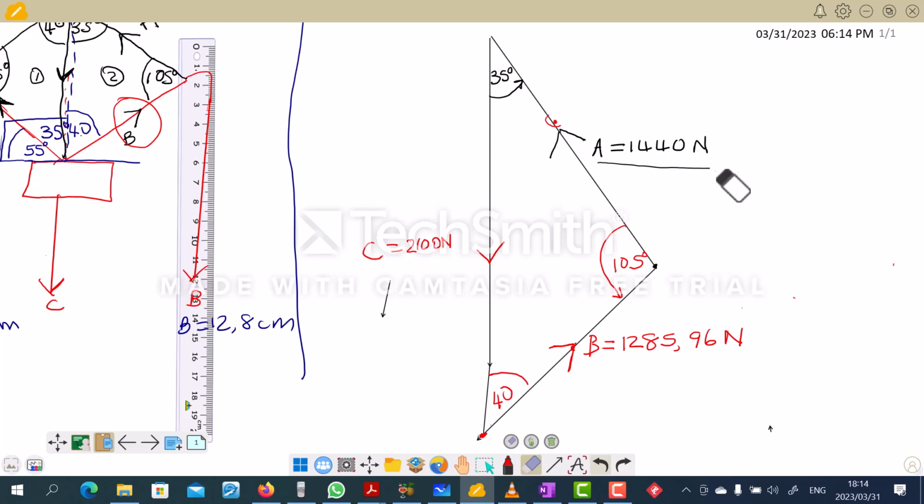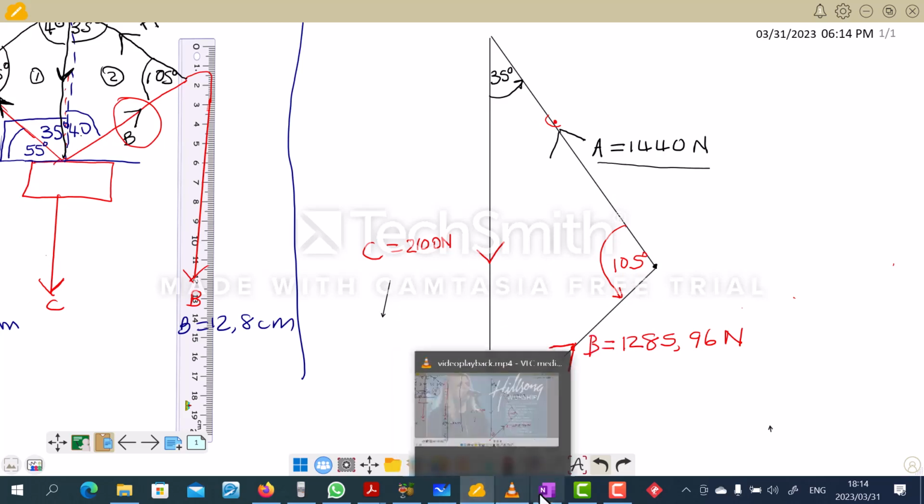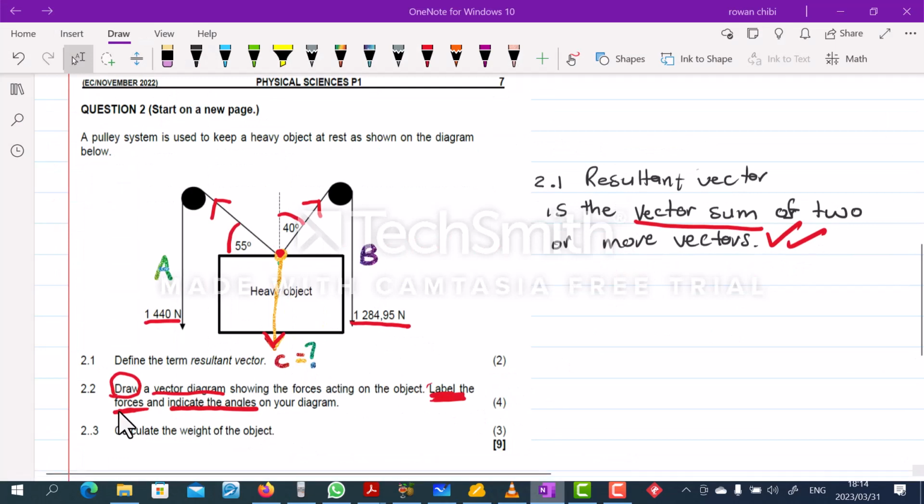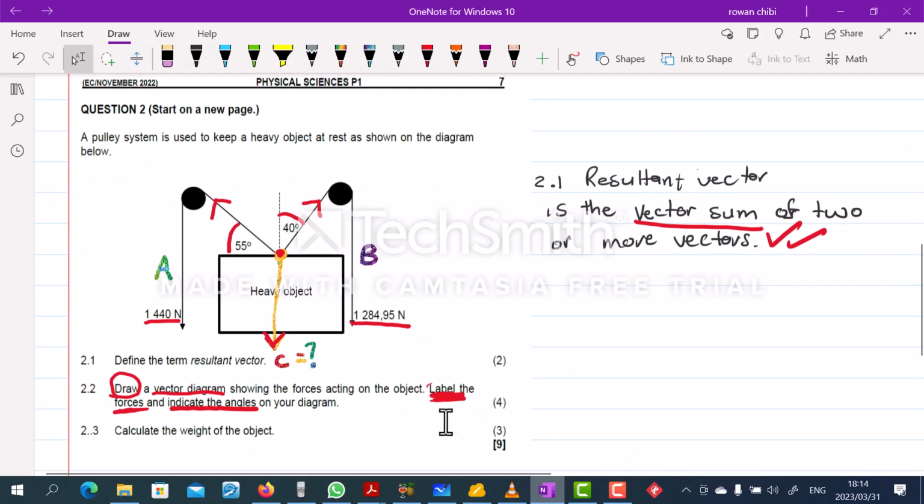Vector A, vector B, vector C. All arrows must not point at each other, but they must point at the tail of each other. So that's how you draw your vector diagram. So that was number 2.2. It was 4 marks. So they will give you 4 marks for doing that. The last question now says calculate the weight of the object.